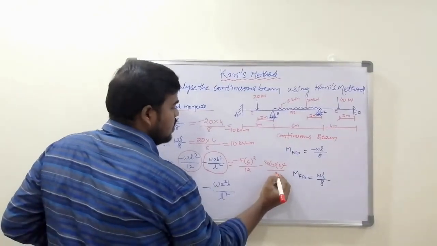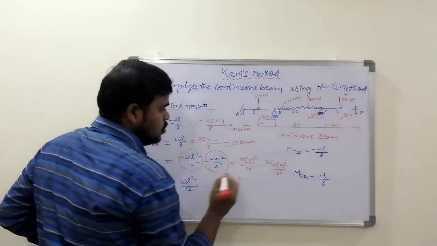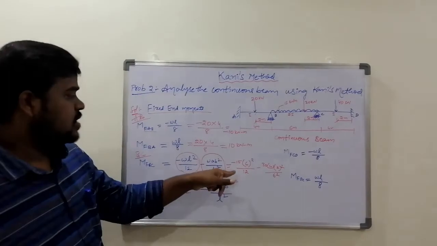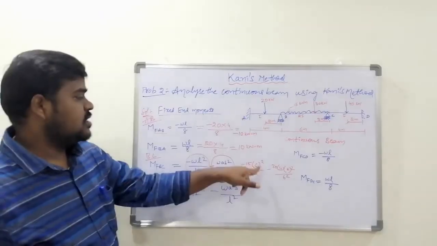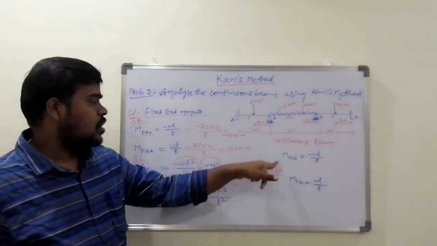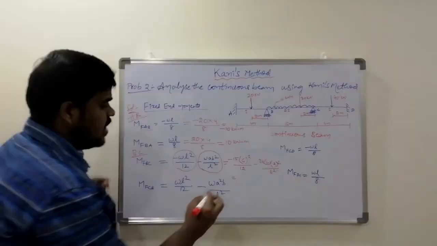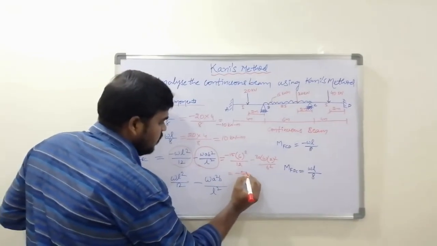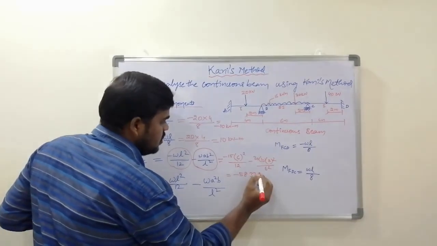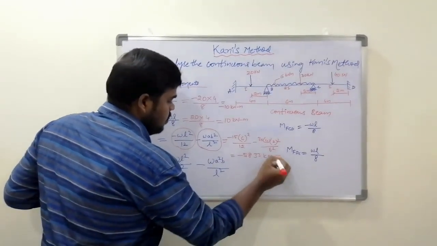L is nothing but 6 square. If we solve this, 15 into 6 square by 12 minus 30 into 4 into 2 square by 6 square, the answer will be minus 58.33 kilonewton meter.